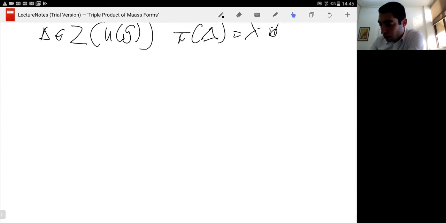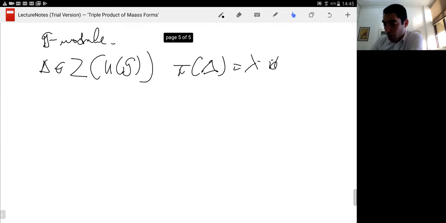Okay, now note the cunning notation I chose. I denoted the arbitrary central element by delta, which was my notation for the Laplacian. Now, this is of course intentional because we have a concrete example for such a central element.